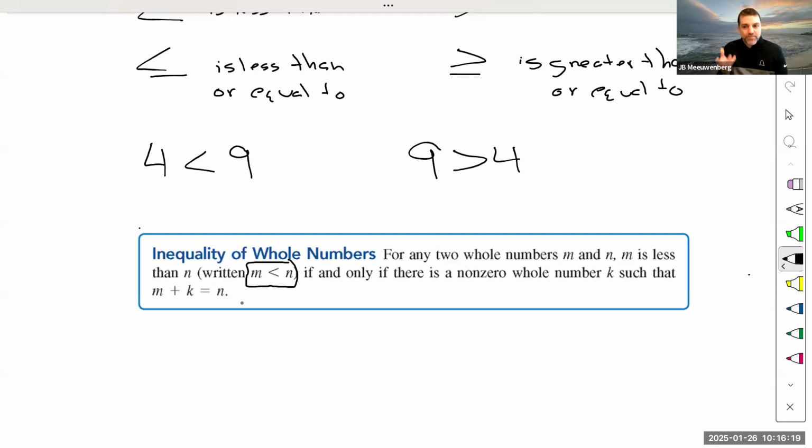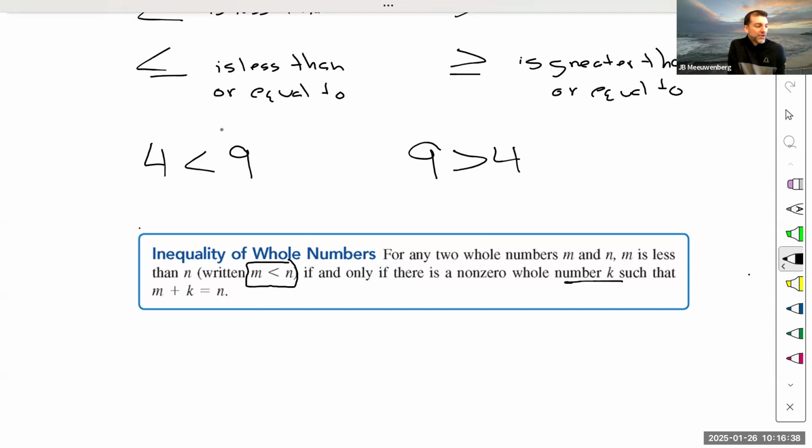Sometimes with these formal mathematical definitions, you need to read them several times, look at them, stare at them, right? For them to start to make sense. Really analyze your own thinking here. There is a non-zero whole number k such that m plus k is equal to n.